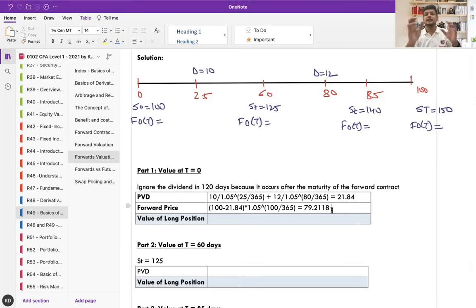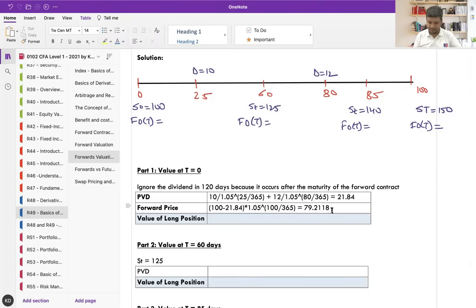Just verify that. Just do 100 minus 21.84 in your calculator. Store it. Store 1. And then do 1.05 raised to, bracket open, 100 divided by 365, bracket close, multiply with recall 1. You will get this answer, 79.2118.